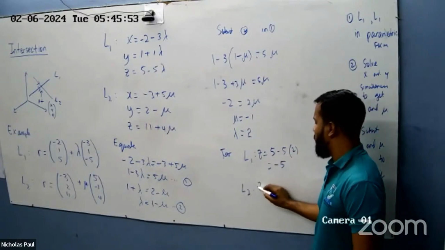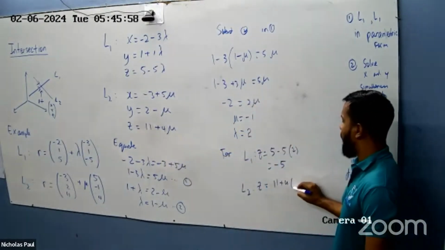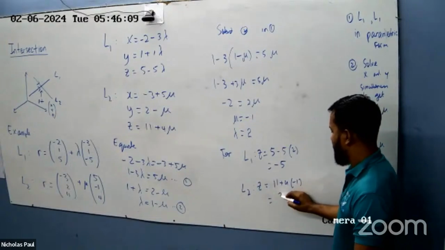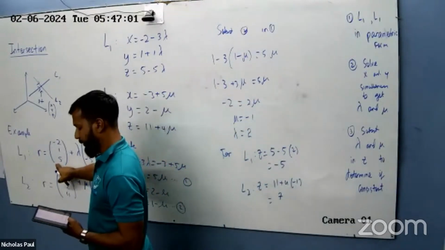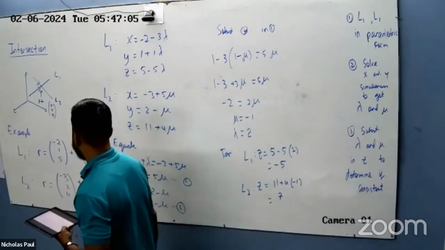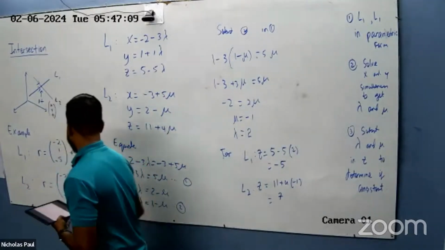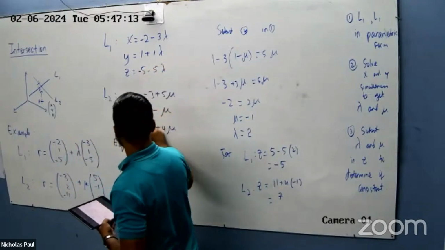And for L2, Z is equal to 11 plus 4 times minus 1. That should be 7, so it's not minus 5. That won't affect anything. Minus 5 is not equal to 7, so the lines do not intersect.